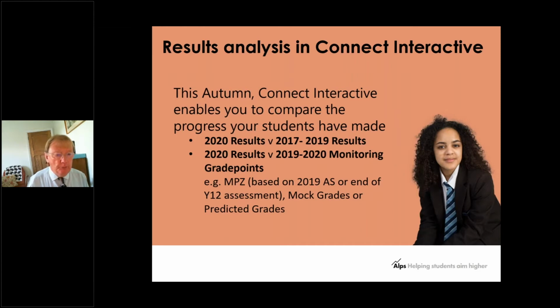And I'm going to be using the phrase MPZ, which is short for monitoring point 0, which is the grade point that many schools use at the very start of year 13. In Wales, it's based on the AS grades that the young people got in year 12.